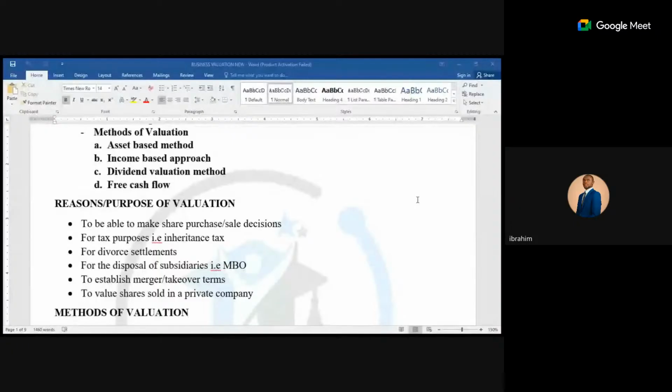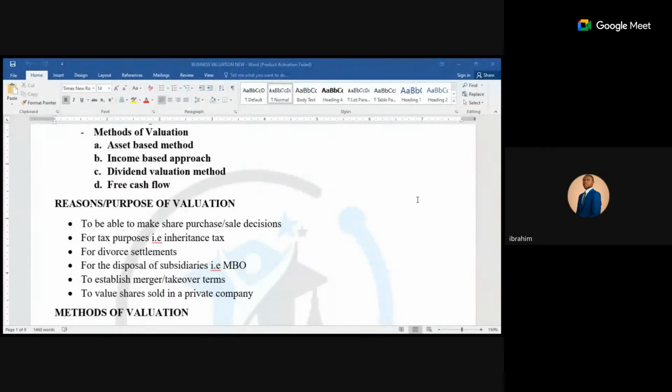To value shares sold in a private company, even if they are not listed, or they are listed in the what? In the stock market. Yes, Unity, Titan, and Union. Thank you.